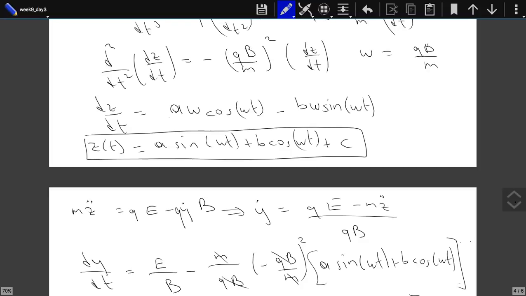Okay, I have this constant E over B. And then I had this y dot is equal to E over B minus z double dot divided by qB times minus m.